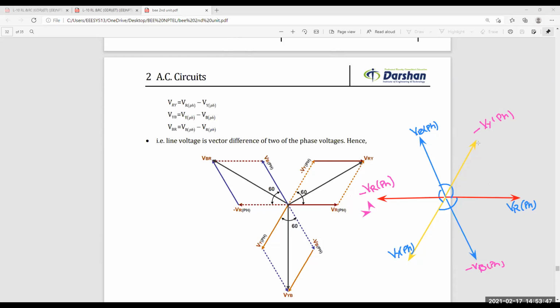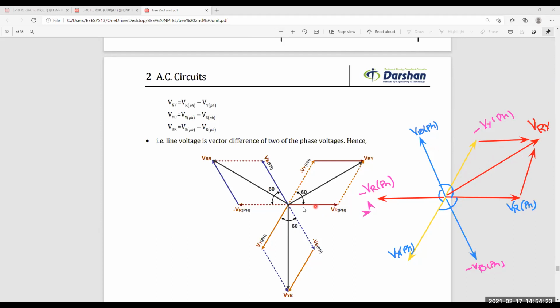The addition, the resultant of these two, is called VRY. So this is called VRY. Clear?